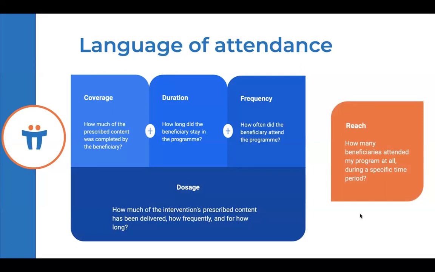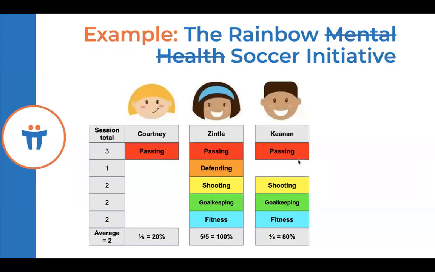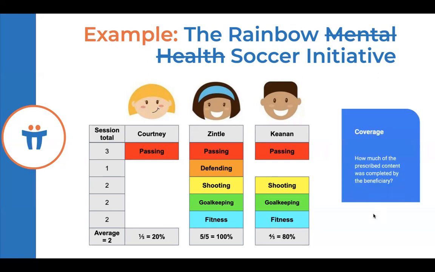So in the example of the Rainbow Mental Health Initiative, we'll go back to it now. We can see that we can also change it. I just did a little change here to make it the soccer initiative, and we did passing, defending, shooting, goalkeeping, and fitness, just to indicate that it's not about one specific curriculum. So the first question here is coverage.